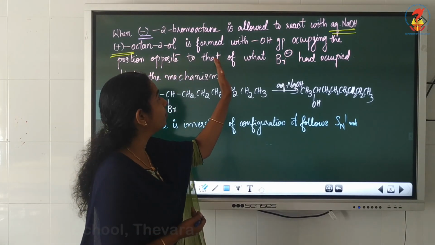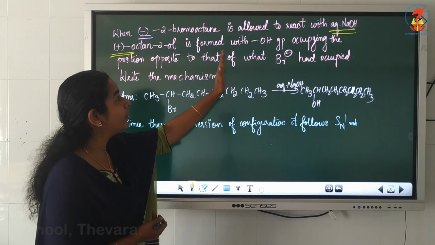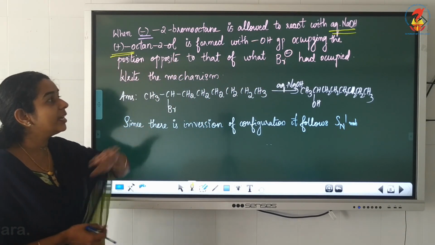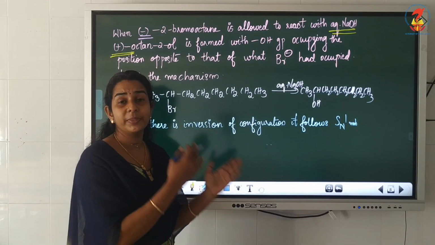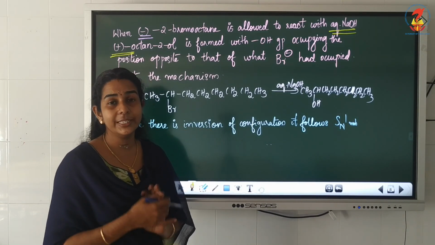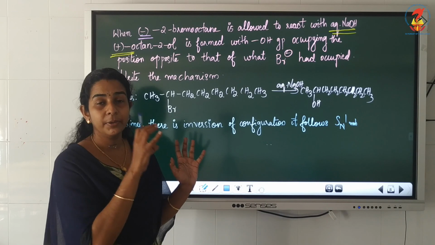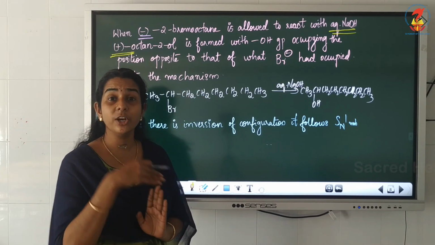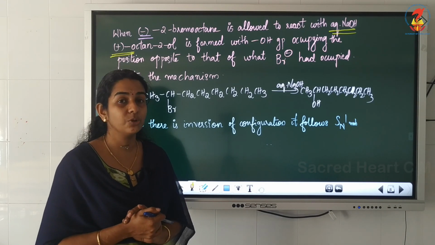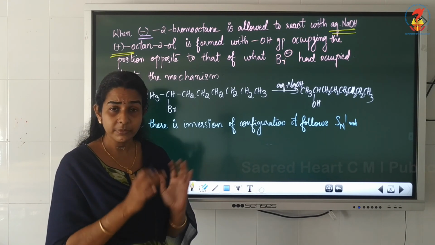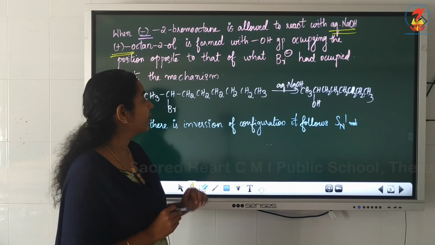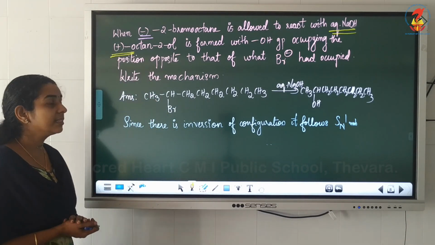The product is found to be formed with the OH group occupying the position opposite to that of Br minus. So from that statement also it is clear that the position occupied by OH minus is opposite to that of the position occupied by bromine. From that also it is clear that there is inversion of configuration. So write the mechanism of the reaction.